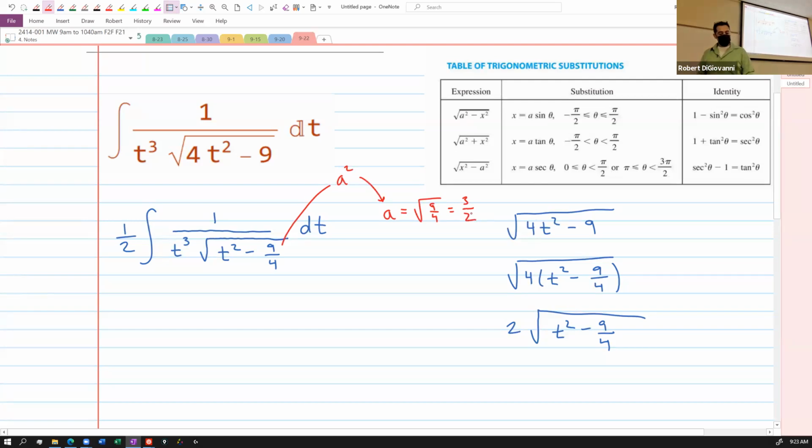So what is the trig sub that we're about to do here? Secant again, right? A secant theta. The trig sub I'm doing is that x, no, not x. What is it? t, right? Because we won't have x in the problem. t must be equal to A, which is 3/2 secant theta.